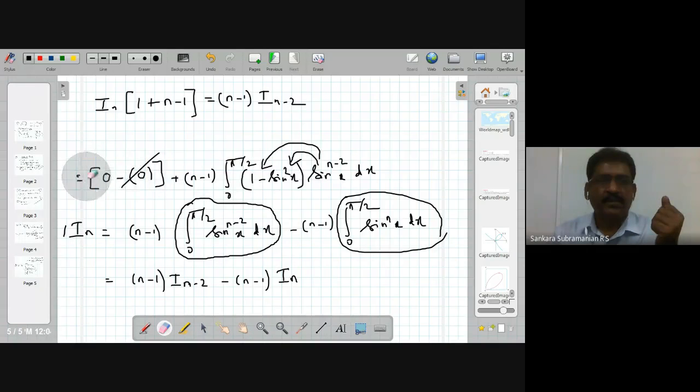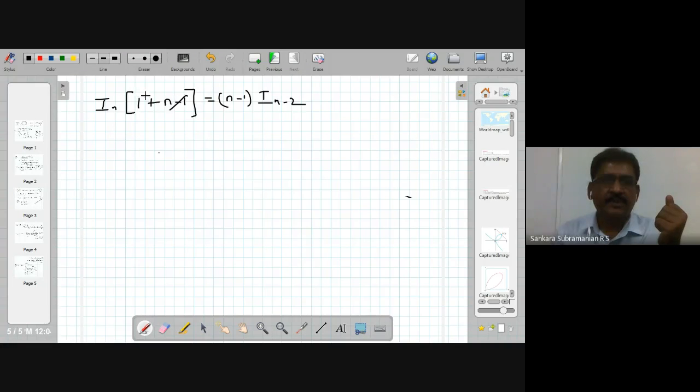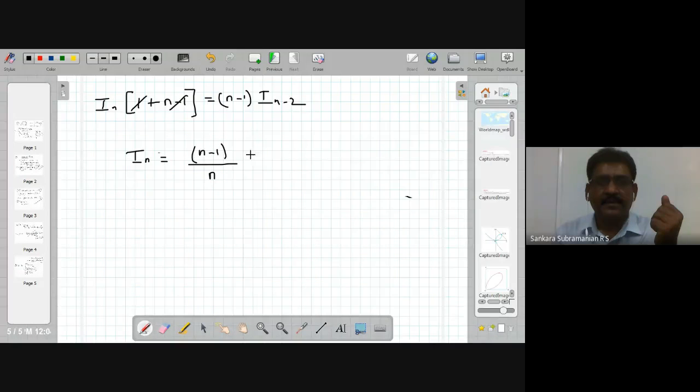So you will be getting a recursion formula here now. So this plus 1 minus 1 will get cancelled. So you get I n equal to n minus 1 by n I n minus 2.